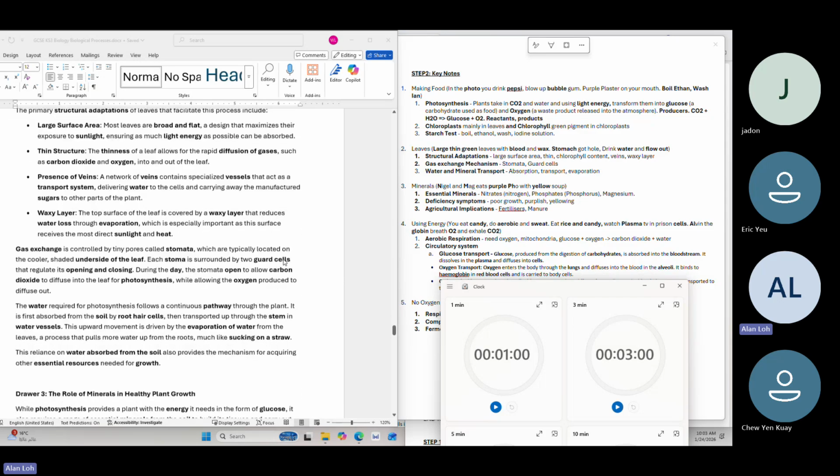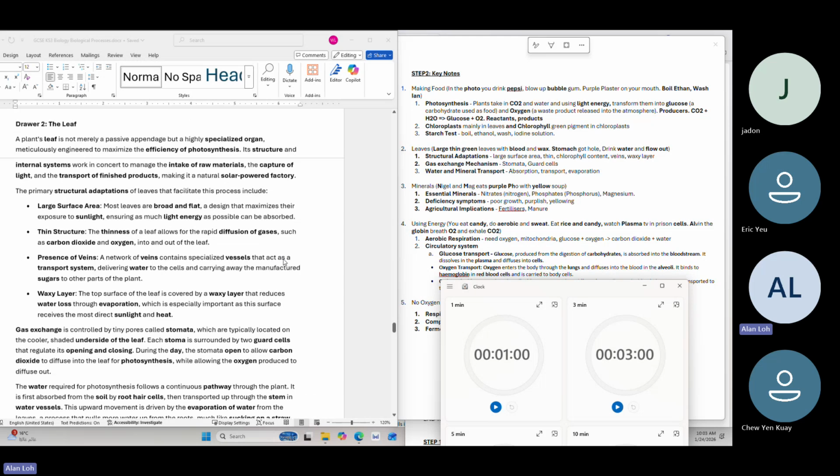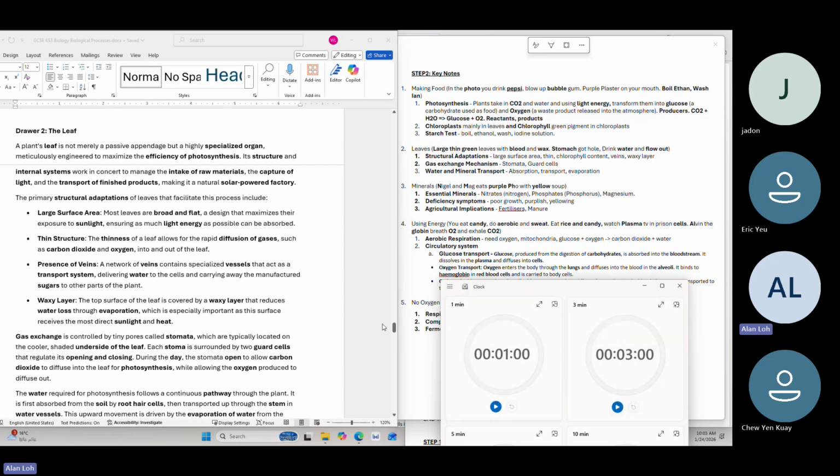Let's take 2 minutes for this drawer number 2.